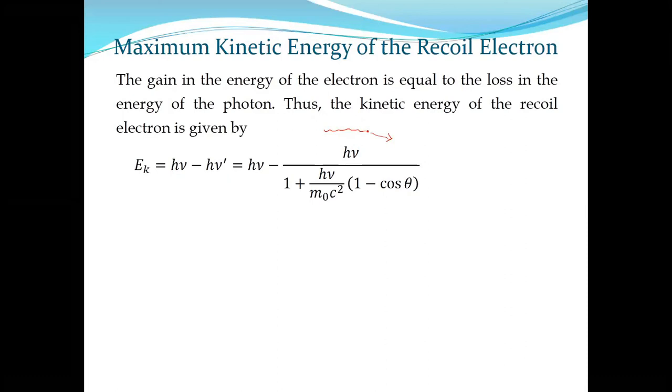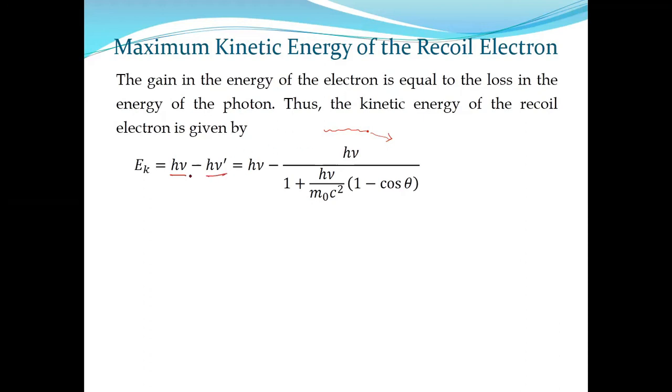Once you observe that the electron gains some kinetic energy, there is only one way to gain it, from the photon, because there are only two particles interacting with each other, electron and photon. Initially, the electron has no kinetic energy. Afterwards, it gets some kinetic energy. It can get it only from the photon. Initially, the photon has energy h nu. After the scattering, it has energy h nu dash.